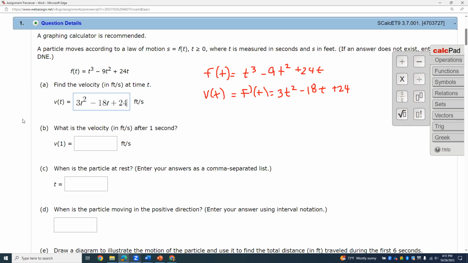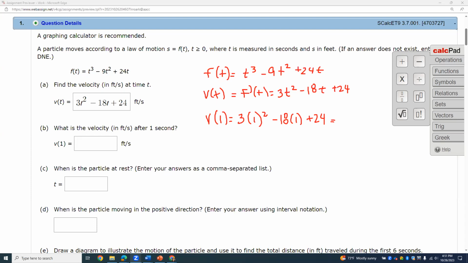Okay, the next question says, what is the velocity after 1 second? For this equation, we have the velocity, so that's good. So we can just evaluate the velocity equation at 1. We have 3 times 1 squared minus 18 times 1 plus 24. In theory, you don't need a graphing calculator, but you could use a calculator in general.